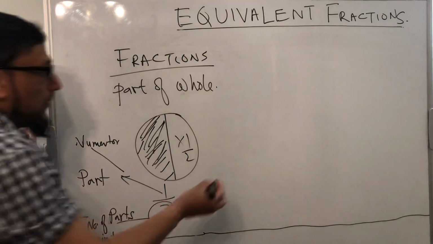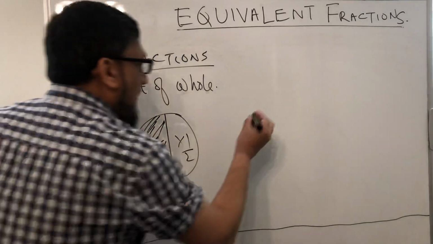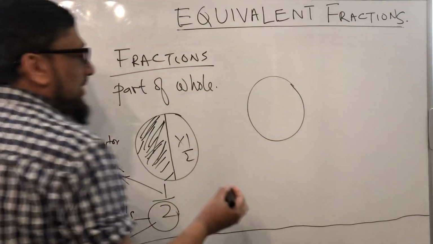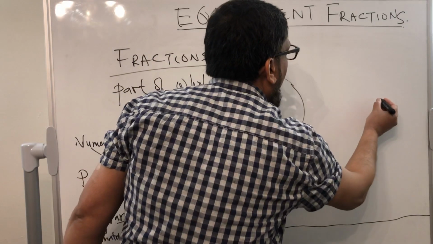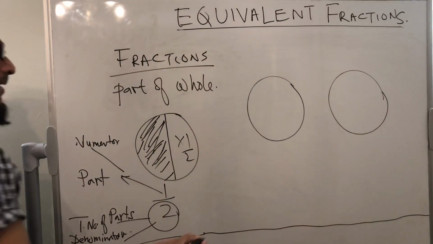So how do we describe equivalent fractions? Look at this garlic bread and look at this garlic bread.